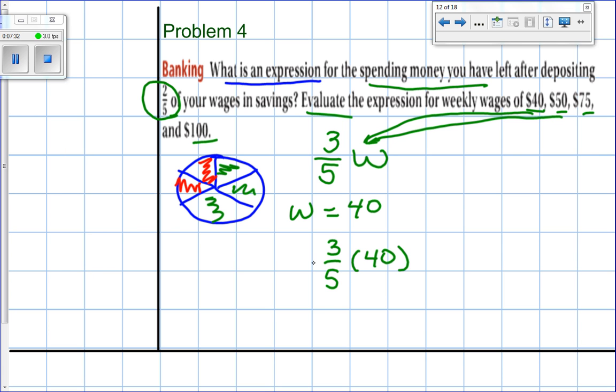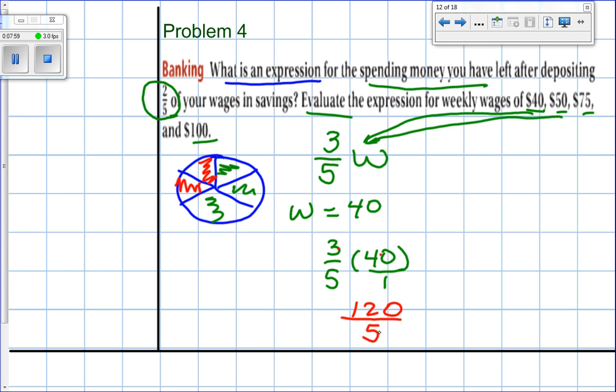Now when you multiply a fraction by a whole number, you always write the whole number over 1. And then when you multiply two fractions together, all you do is multiply the top numbers. 3 times 40, that equals 120. And then you multiply the bottom numbers. 5 times 1, that equals 5.